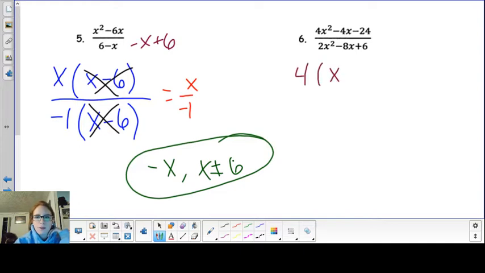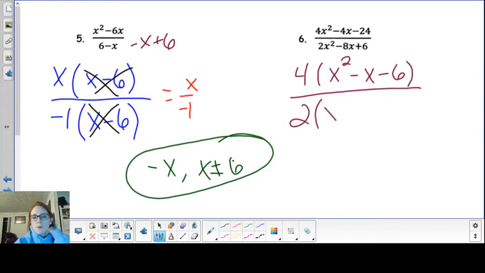So I'm left with x squared minus x minus 6. On the denominator, can I take a 2 out of everything? Good. So I'm left with an x squared minus 4x plus 3.